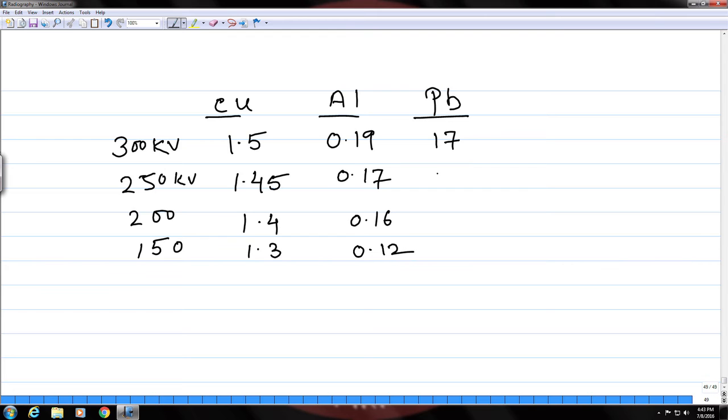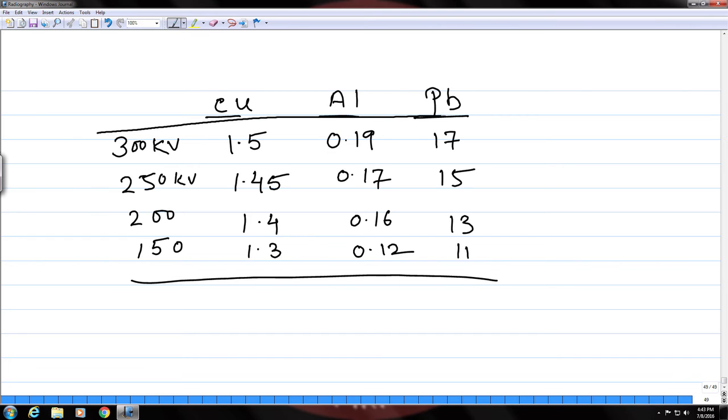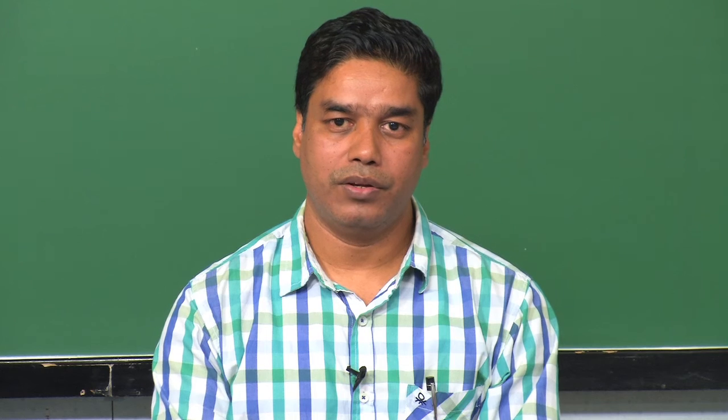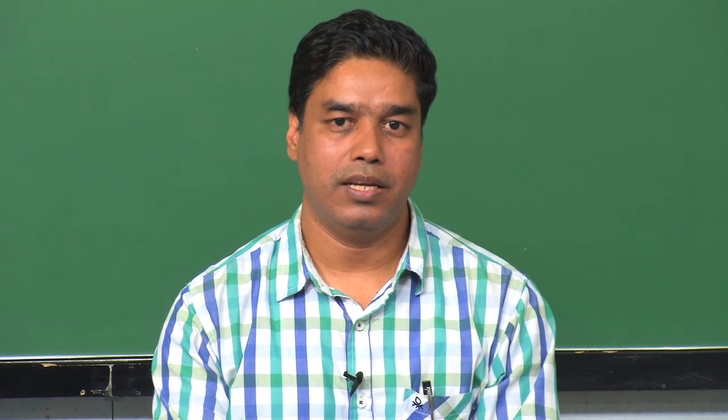For lead it is 15 at 250 kV, 13 at 200 kV and 11 at 150 kV. Okay. So, based upon this kind of conversion charts which are readily available, the thickness of any material can be converted to an equivalent steel thickness, and then you would be able to use those exposure charts which are obtained for different thicknesses of steel. Okay.